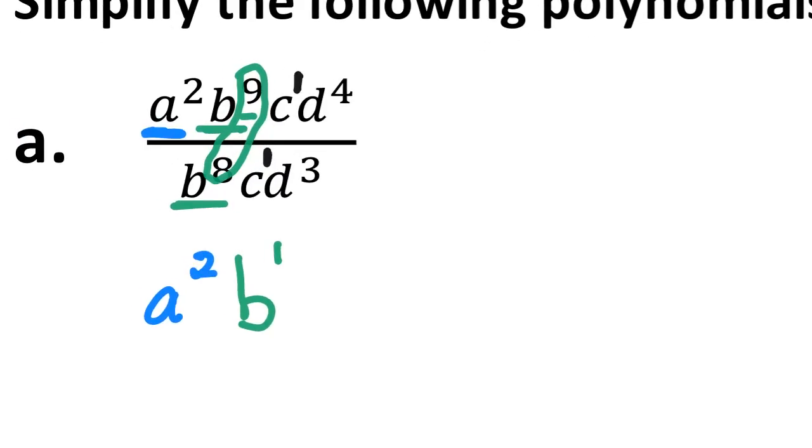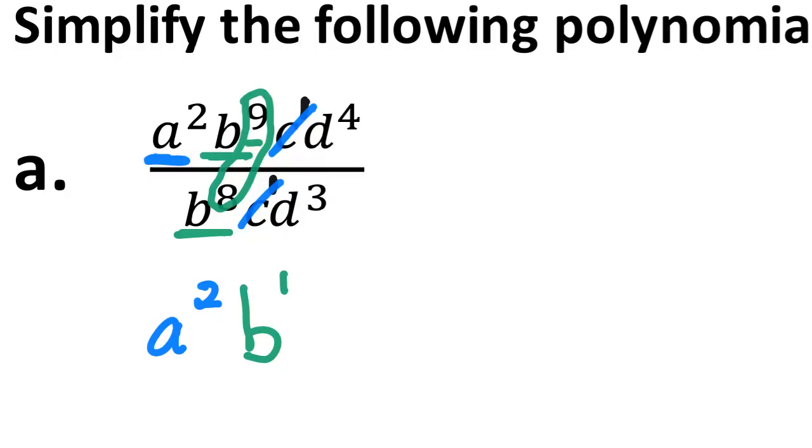And then I've got C to the 1st divided by C to the 1st. What's going to happen here? C to the 1st divided by C to the 1st. Yeah, they're going to simplify out. Now, we can say cancel, but when you have a number divided by itself, it simplifies out to be just 1, right?